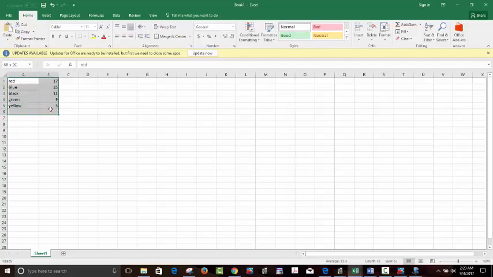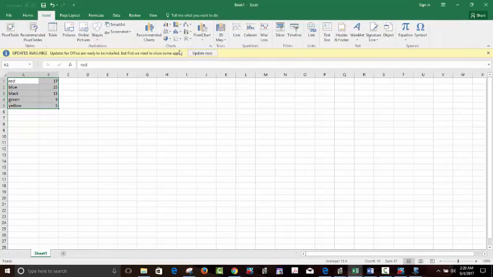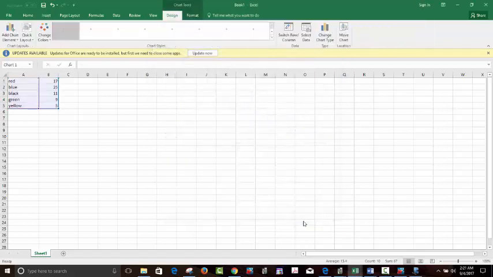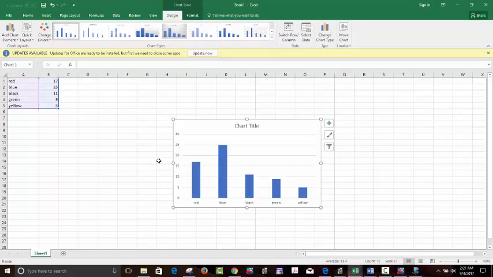So you can highlight all these and then come over here to, depending on what version of Excel you're using, insert, right? You go to insert, and you've got a bunch of charts right here. I wonder what it would do. Well, recommended might do pie, which we're going to talk about in a minute. I guess I'll click on this. It should show me all the options. Okay, well there we go. All right, there's vertical.